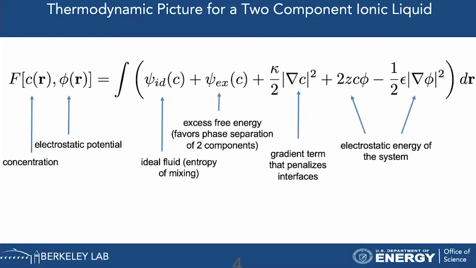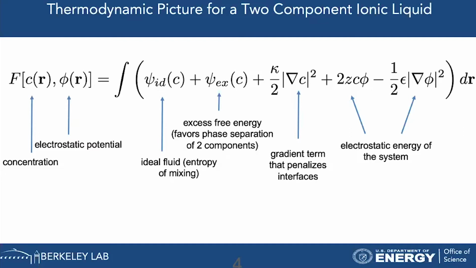Then we have an excess free energy, which accounts for the interactions between these two different molecules in solution, ignoring the charges. So these are often polymeric-like materials. They have large hydrocarbon chains, and they'll want to phase separate. So putting in something that looks like a double well potential to mimic these particles' tendencies to separate into distinct components is what we put in with this excess free energy.